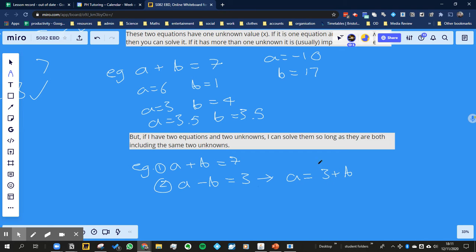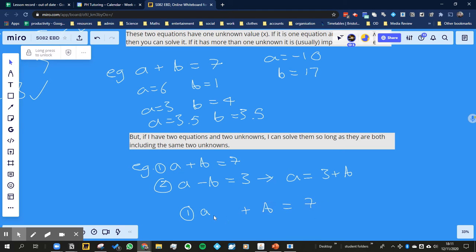Now I'm going to take this bit here and put it into equation 1. So let's just rewrite equation 1 down here. a plus b is equal to 7. Let's just move everything around a little bit.